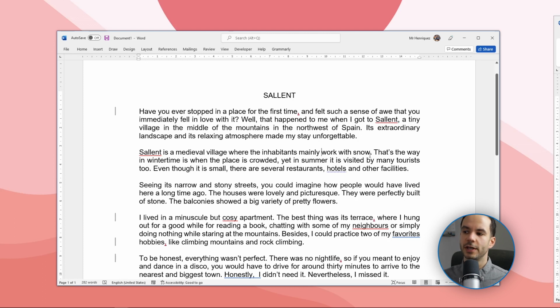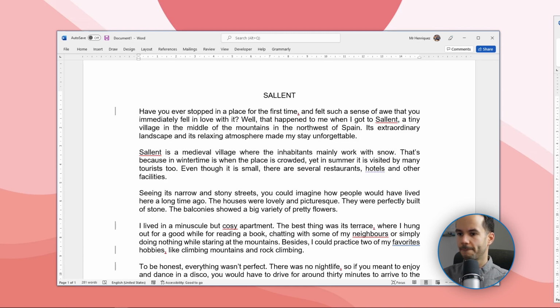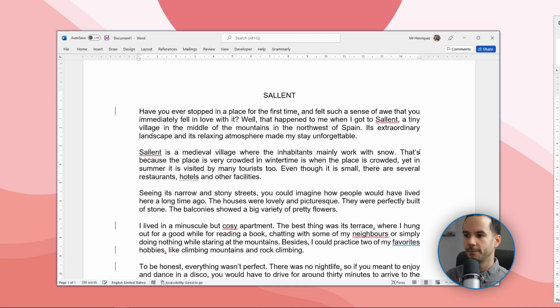Then I also want to change that's the way in wintertime, and I don't really know what this author wants to say here, but I interpret it as putting emphasis on the fact that it's always crowded in the winter. So I'm going to change this into something like, and also link it to the previous sentence by saying, that's because the place is very crowded in wintertime.